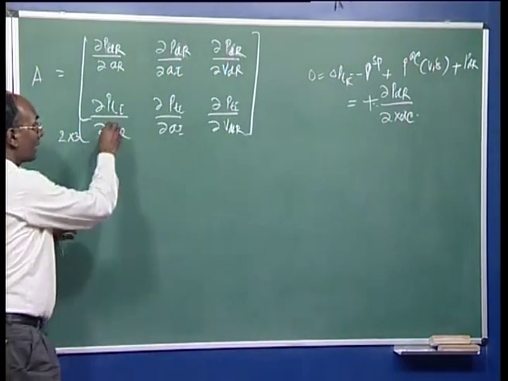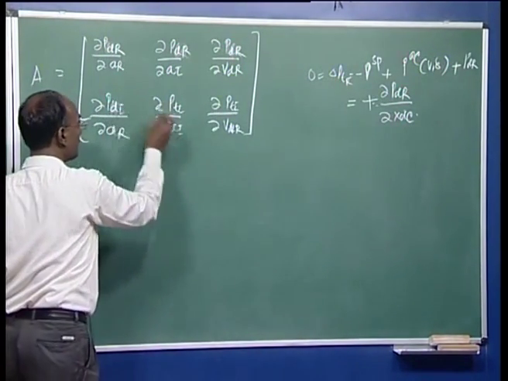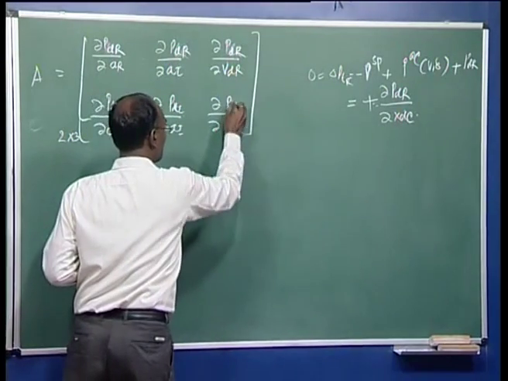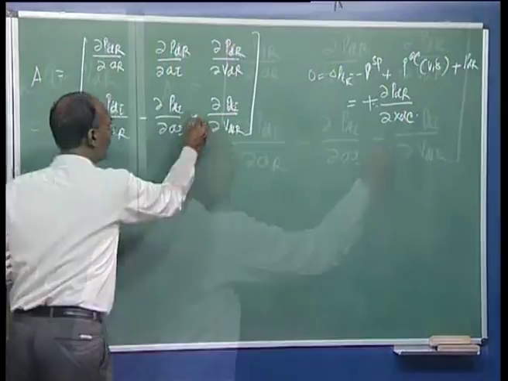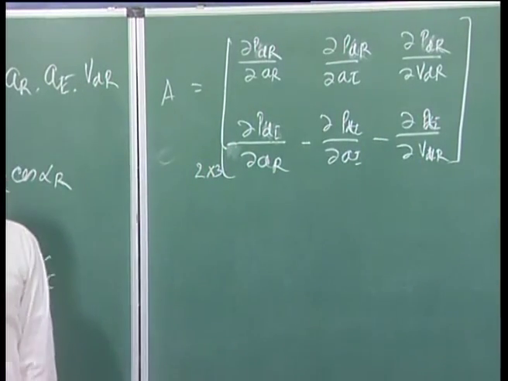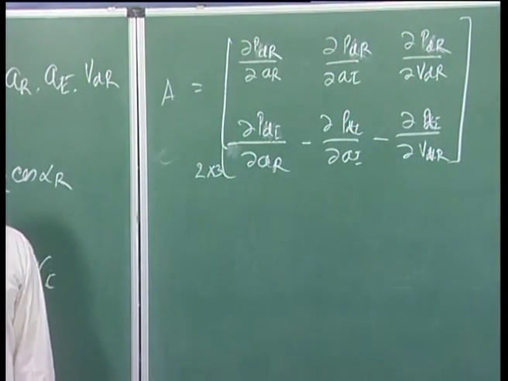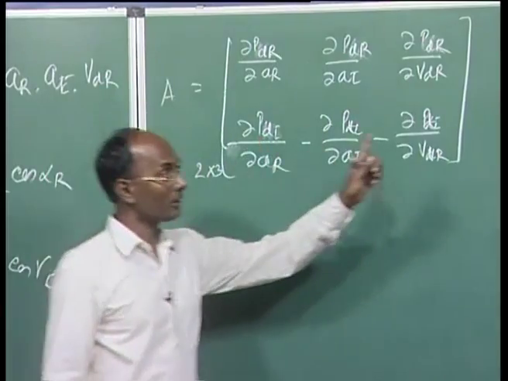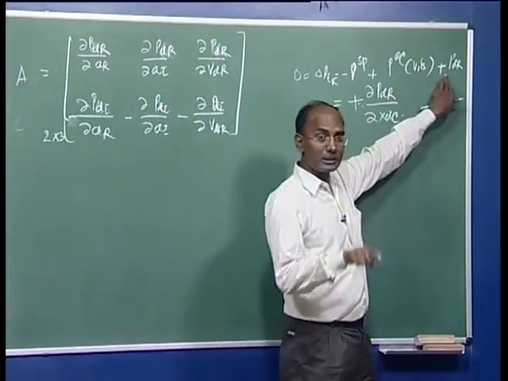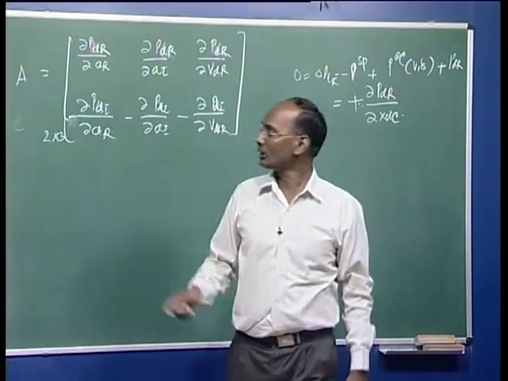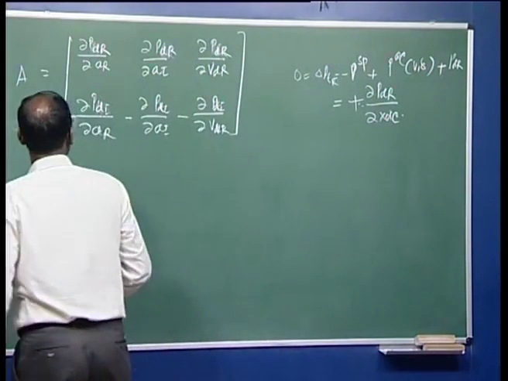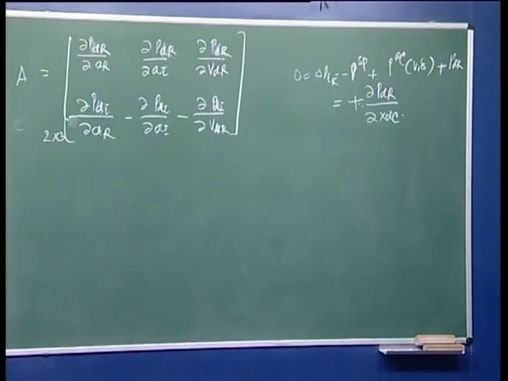Similarly, here I can write PDI, but this sign will be negative. Why did I write negative here? Because the rectifier is taking power in, and the inverter is sending it out, so it is a sign change. So this minus sign will be coming. Still it is not sufficient. Now we should know what the PDR is at that terminal bus.